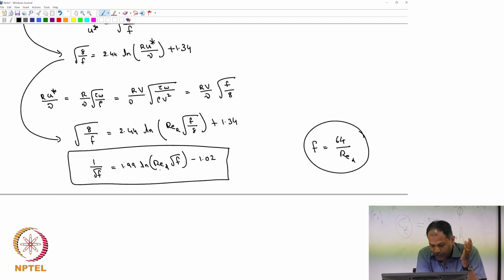What I wanted to tell was, given Reynolds number, how would you calculate f? Using this expression is straightforward. It's a nonlinear expression which contains a square root and a logarithm. So what can you do?